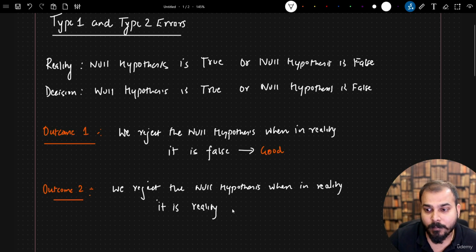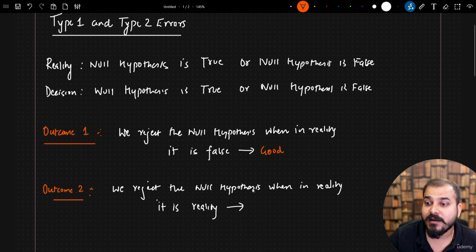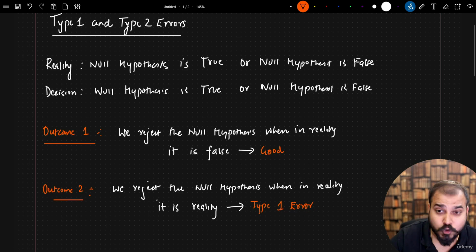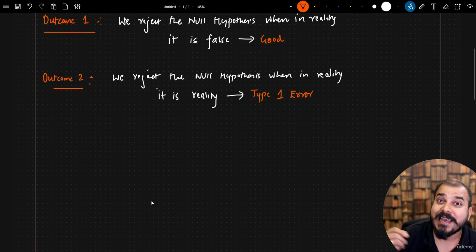So obviously there is a problem, and this is an error, right? This is an error because in reality it is true, but from my hypothesis testing, I'm rejecting the null hypothesis. So this type of error is specifically called a type 1 error. This is super important because in machine learning, there is a topic called the confusion matrix, and there also we'll be using this. The confusion matrix is used to calculate the error, accuracy rate and all.